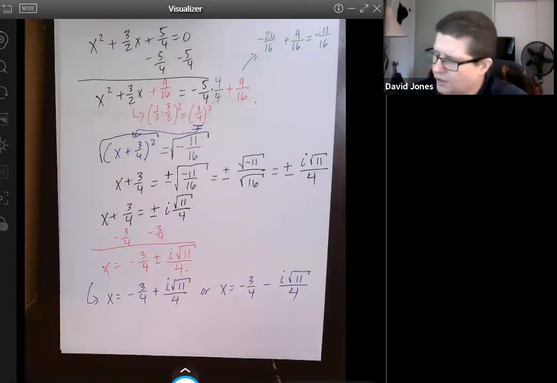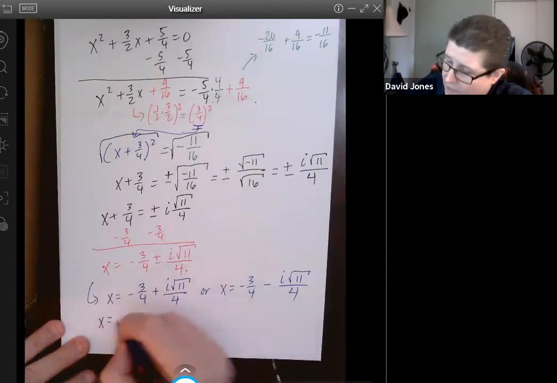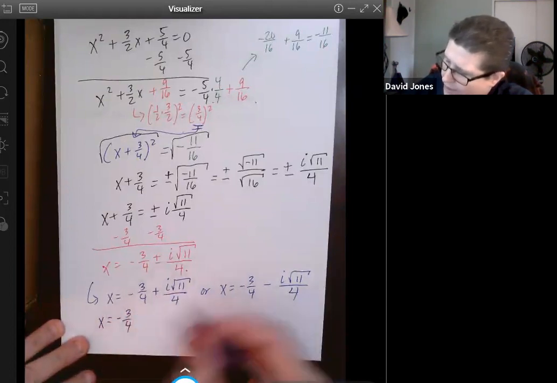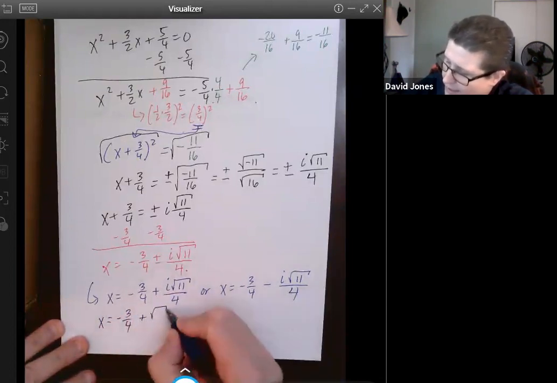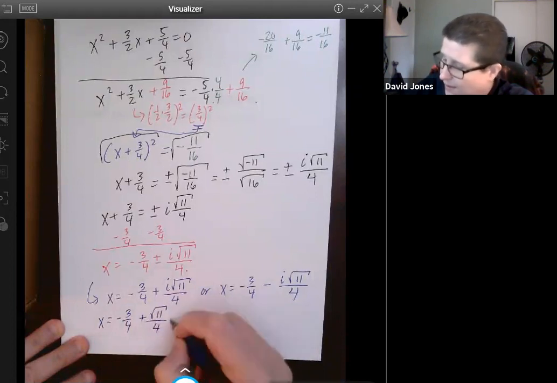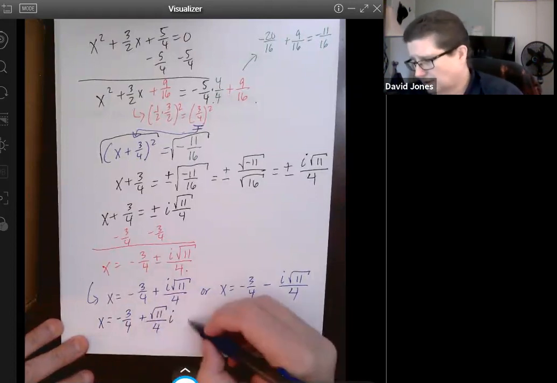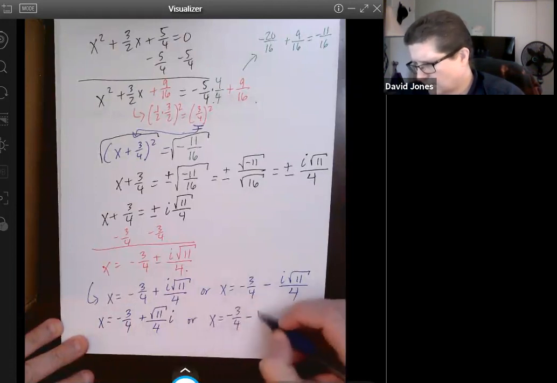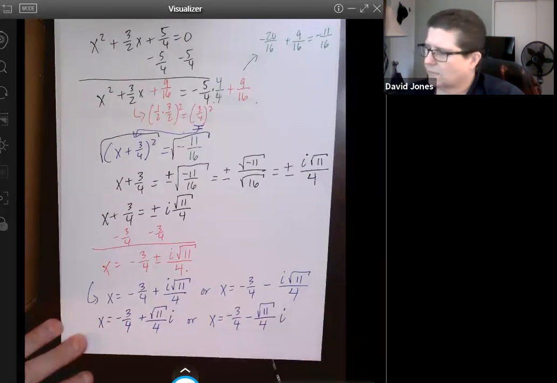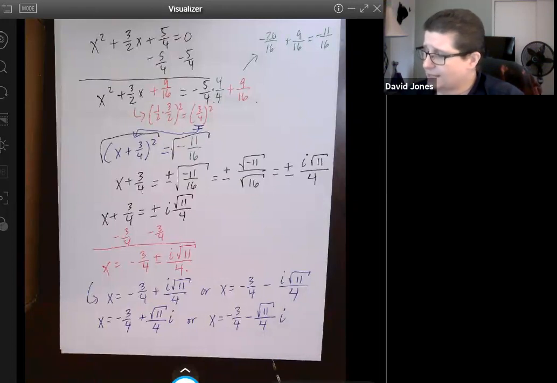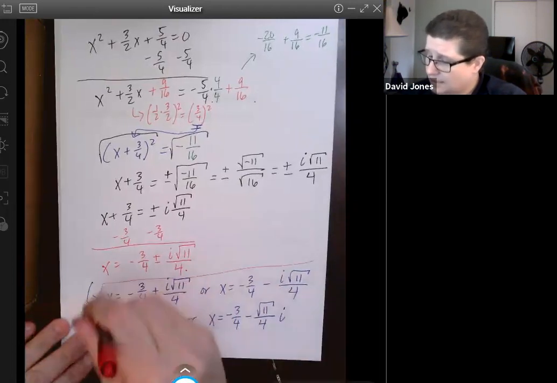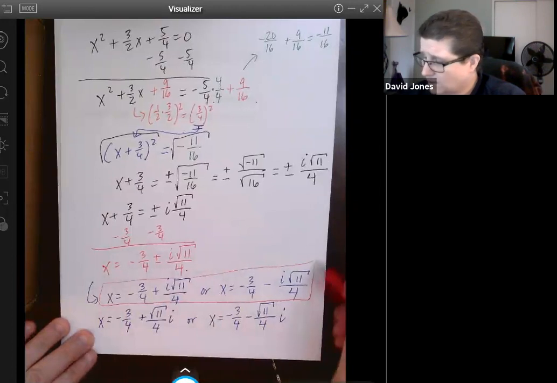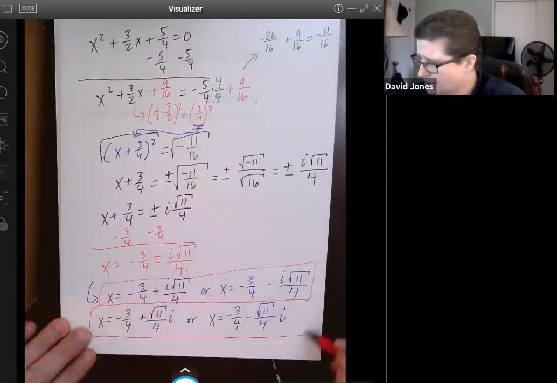Or we could alternatively write, you can put the i afterwards with the fraction like that. It might actually be easier to see it that way. So we either have this as a solution or that is a solution.